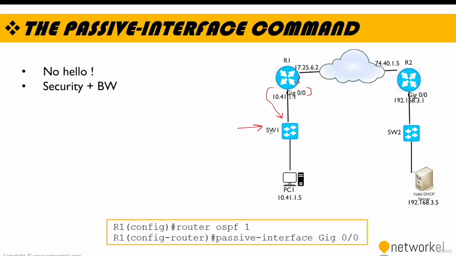So there is no reason that I should send hello packets from this interface down to the switch, because this switch will never respond to a hello packet, right? So for efficiency, I'm going ahead and configuring the passive interface for gig 0/0, as you could see on the screen. The command is router ospf 1 and I am typing passive-interface gig 0/0.